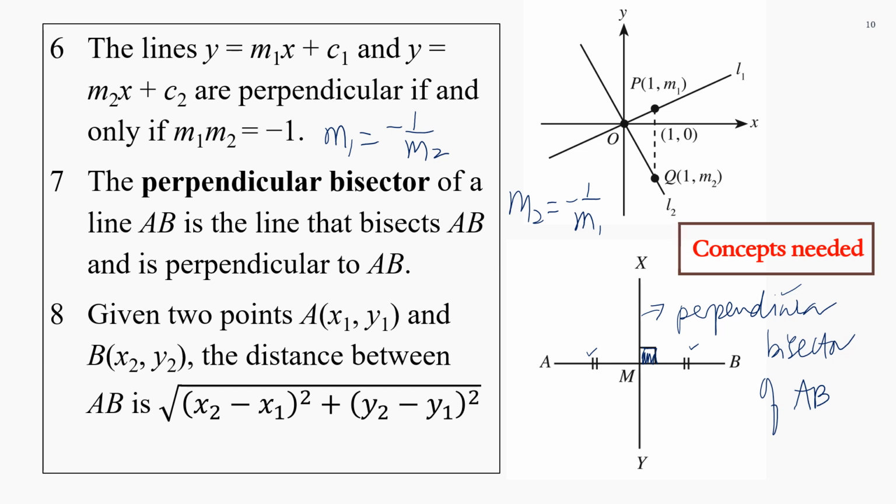And we also need to know how to find the distance of a line segment joining 2 points. So I'm going to show you more examples on how we can apply these concepts in the next few slides.